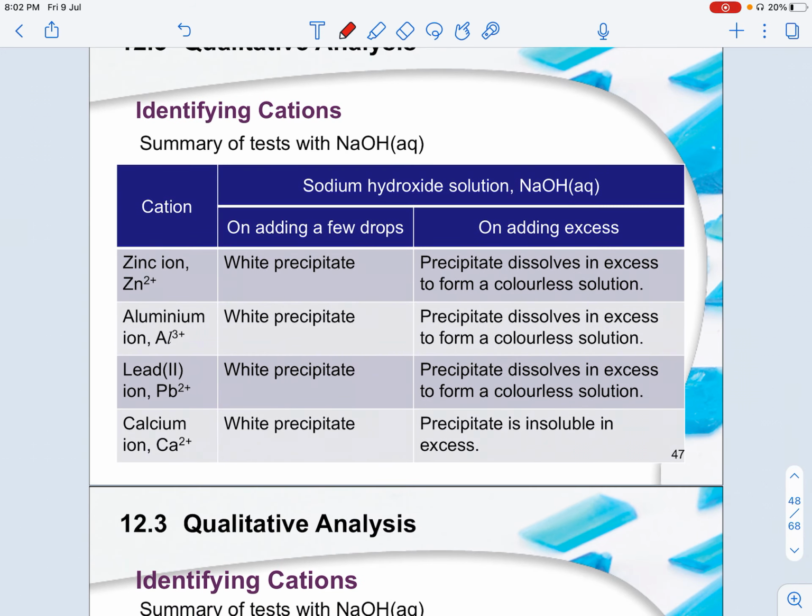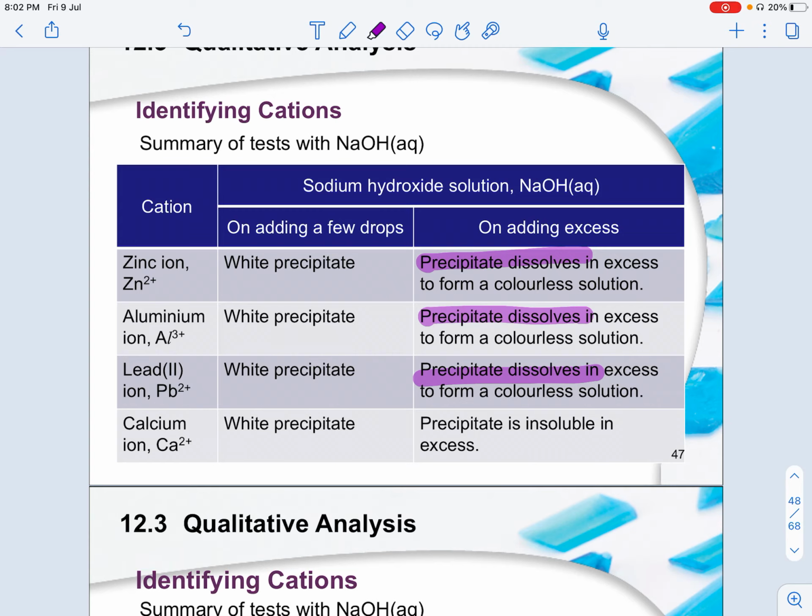So what are some of these tests for all the common cations when they react with sodium hydroxide? We could see that for zinc, aluminium, lead, and calcium, they all produce a white precipitate after a few drops. However, when you add in excess, you would see that it further distinguishes, whereby the precipitate dissolves in excess for zinc, aluminium, and lead.